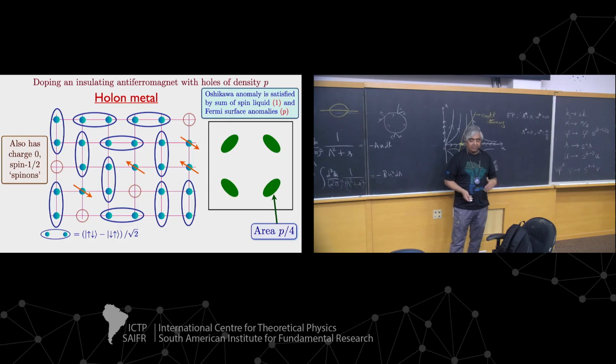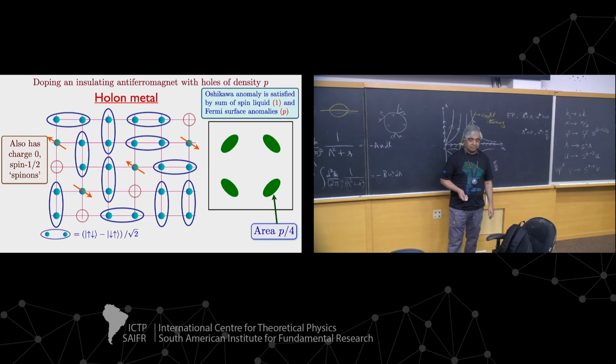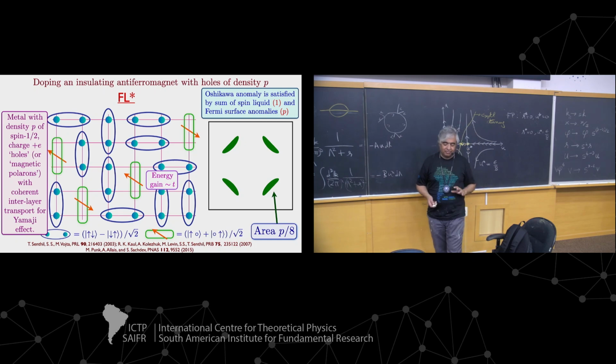But what can happen is that each of the spinons can go near a holon, and then the holon can move around a bit like that. And that gains an energy T. So in fact, maybe the spinon and holon will come together and form a bound state. And they'll get an energy T when they form the bound state.